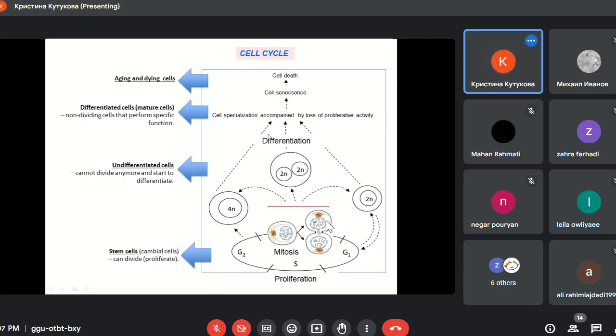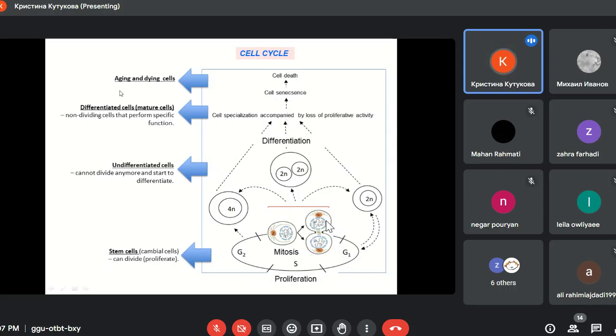So next there will be differentiation, when undifferentiated cells start to differentiate, and it means that they will develop some specific features for performing their specific functions.